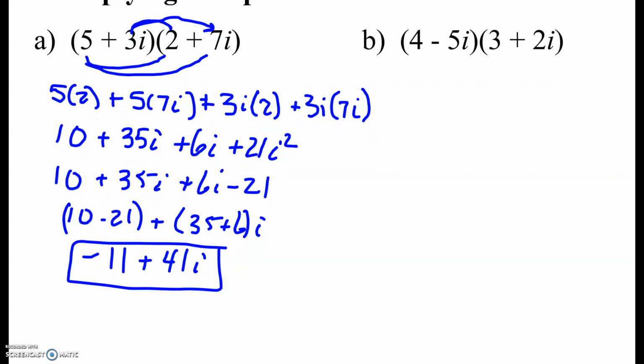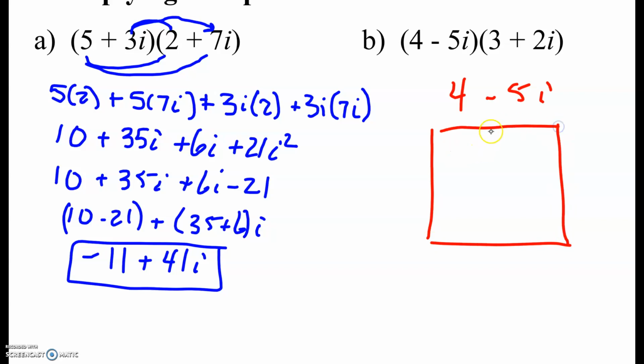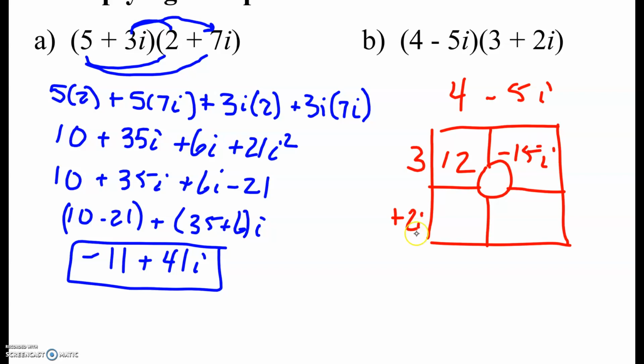If you prefer the box method, we can do that as well. We have 4 times 3, 3 times minus 5i, 2i times 4, and 2i times minus 5i.